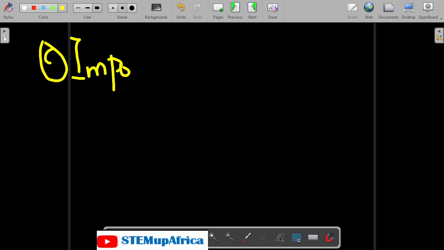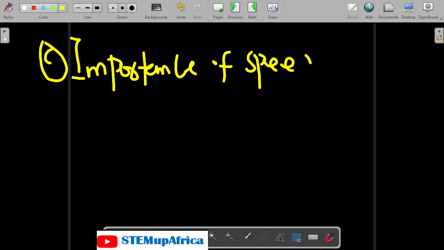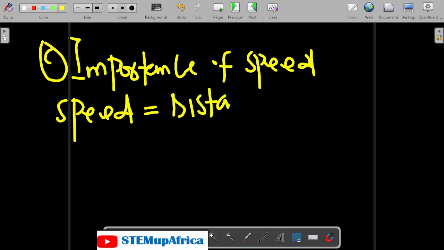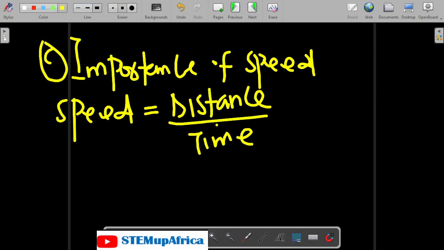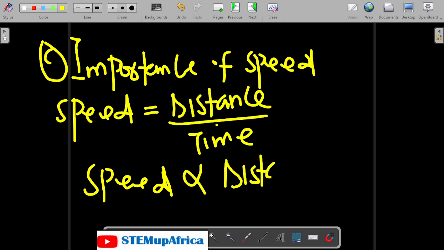The importance of speed: from the formula we have written, speed is equal to distance over time. So what can we conclude from here? We can say speed is directly proportional to distance. That's what we can conclude.